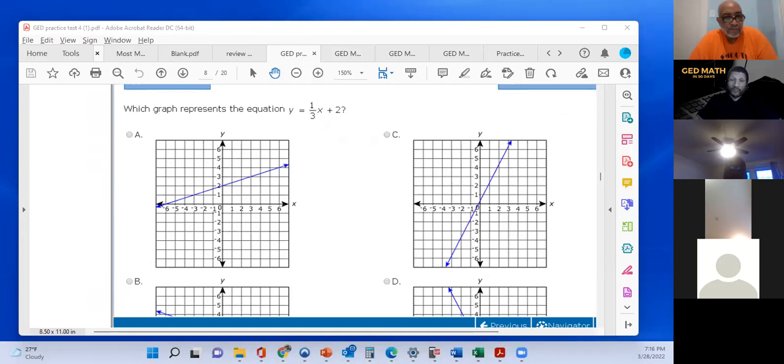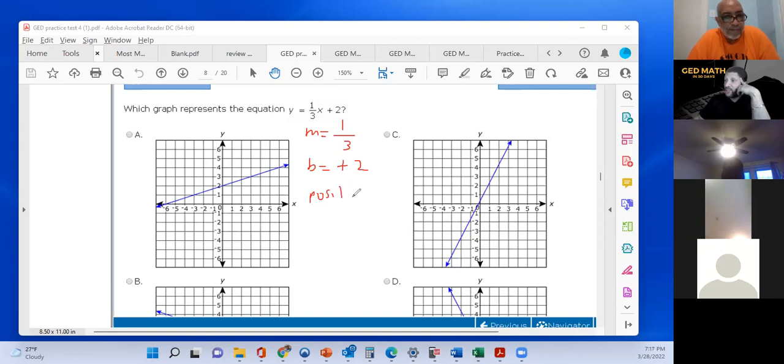Which graph represents y equals 1/3 x plus 2? So what's the slope from this equation? 1/3. What's the y-intercept? 2. Is this slope positive or negative? Positive.